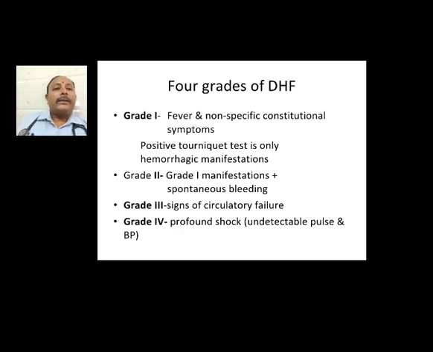Grade 3, signs of circulatory failure, that is the patient is starting circulatory failure. Grade 4 is profound shock. In grade 3 the shock started, and in grade 4 there is profound shock, that is undetectable pulse: pulse is not recordable, blood pressure is not recordable, pulse is not palpable.